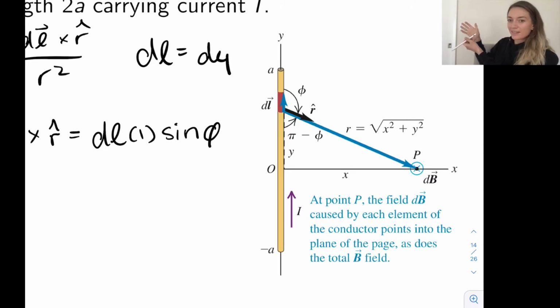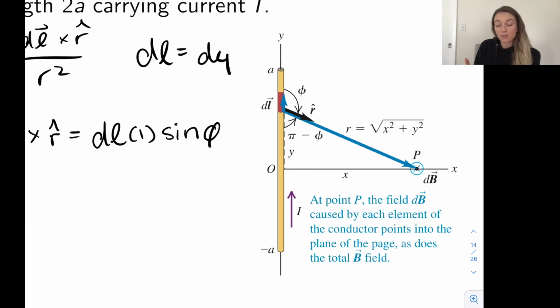It's a little hard to do over video, but try it and you'll see. That is true at every point along this wire. If you do that down here, the same thing happens. So your magnetic field is going into the page from every point here.